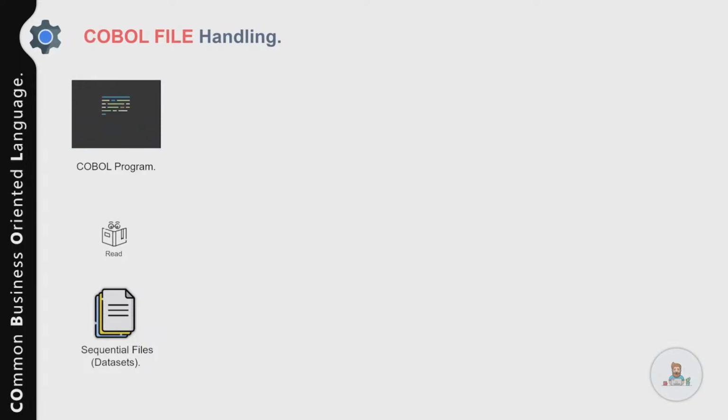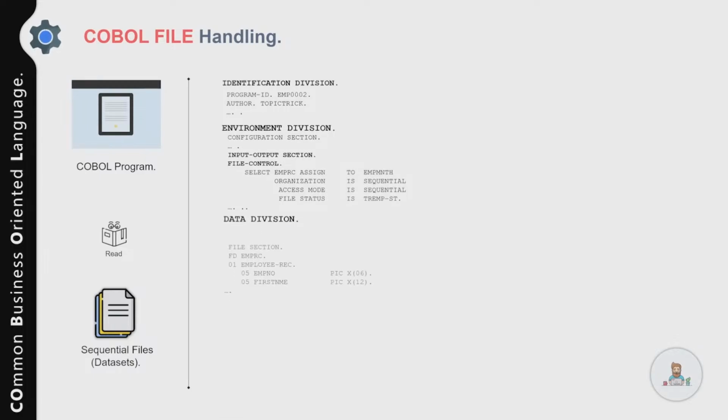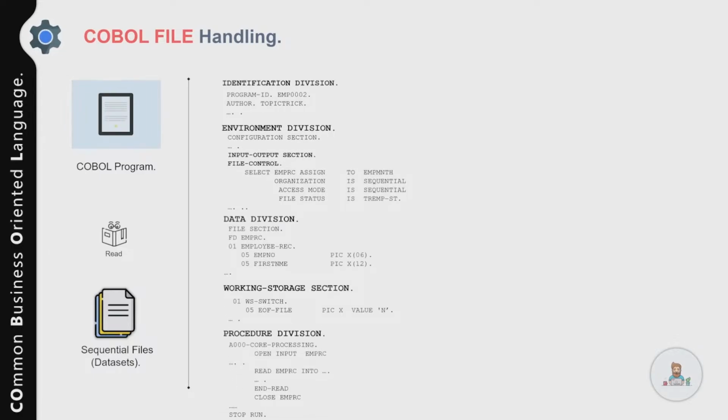In the following example, we have a sample COBOL program that is dealing with a sequential file. If you notice, there are 4 different divisions. First is the identification division, then the environment division, thereafter the data division, and the last one is the procedure division. This program is reading data from the file.